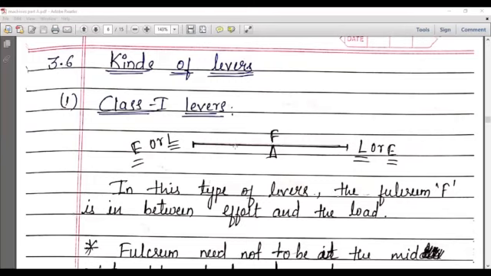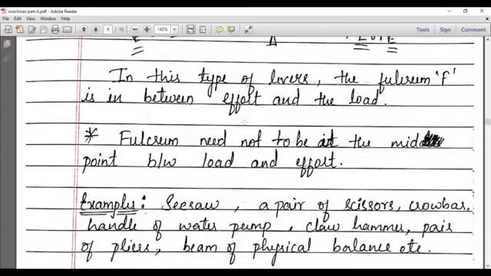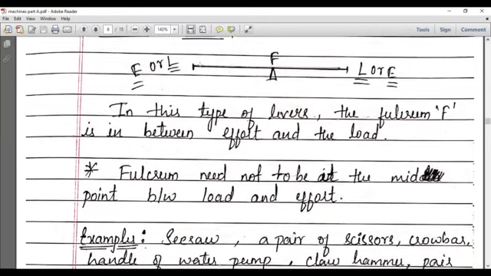Fulcrum may be here, here, or here. The load and effort are on either sides of the fulcrum, and the load and effort will be acting in the same direction.